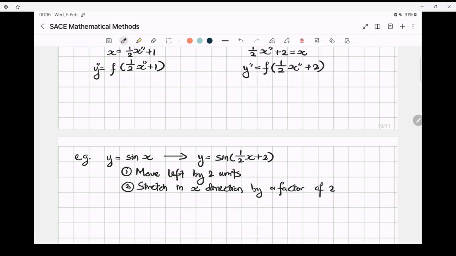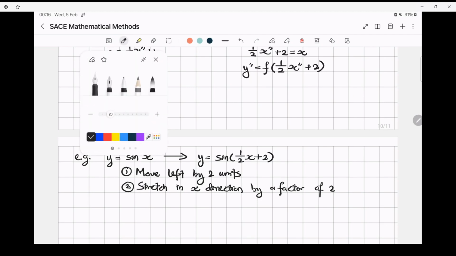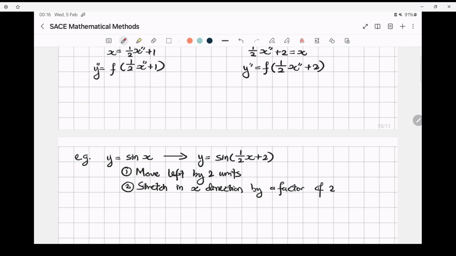So if you follow this rule, then in general you won't make any mistakes, because the number over here, 1/2, corresponds directly to your stretch factor, and then this particular number corresponds directly to this particular value.